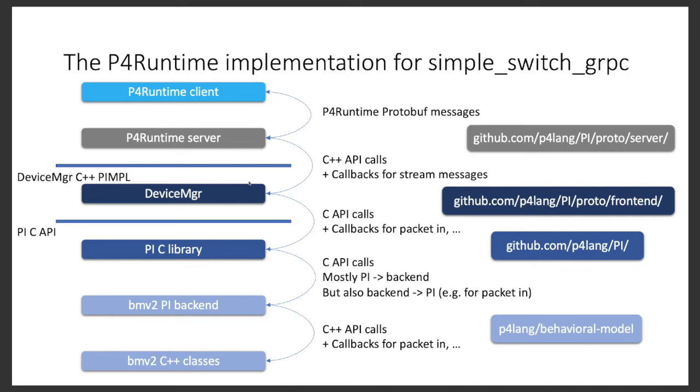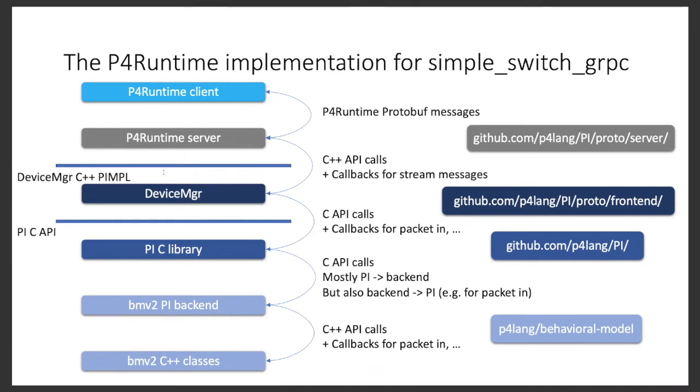So even though you do have to provide the correct device ID when you send your P4 Runtime messages to the server, there can only be one valid device ID because there is only one instance of a BMV2 switch as part of that process. If that makes sense, yeah.